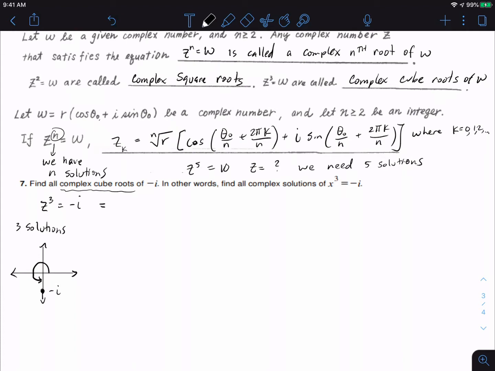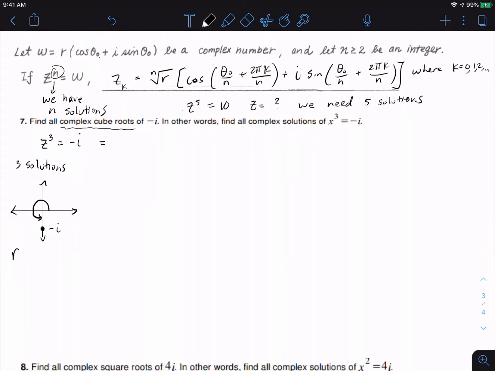What is that in radians? Or in degrees, I don't care. What angle does that form for you guys? Yeah, it's 270 or 3 pi over 2.